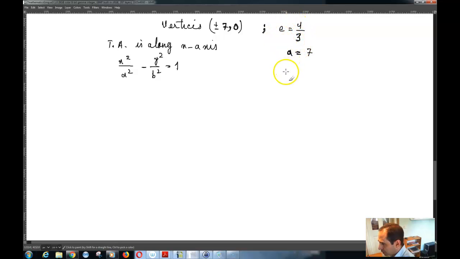You know that e is equal to c by a, and that is equal to 4/3. So c by a is equal to 4/3.